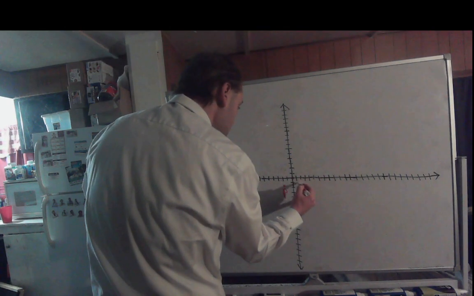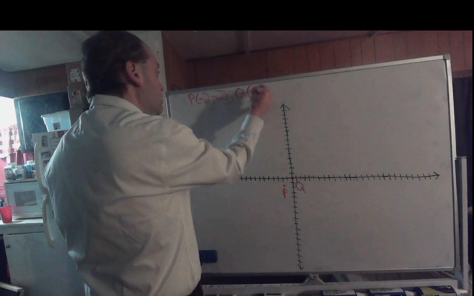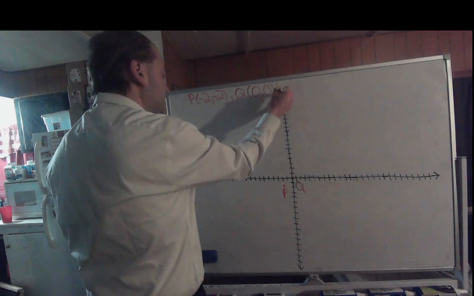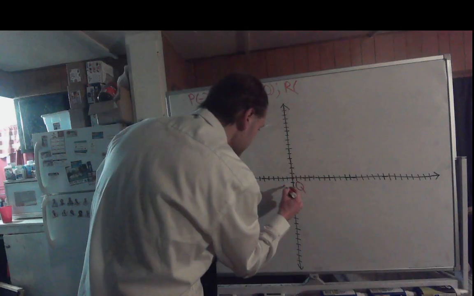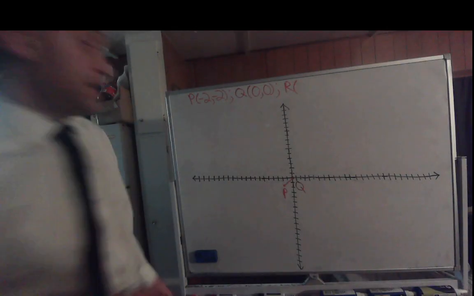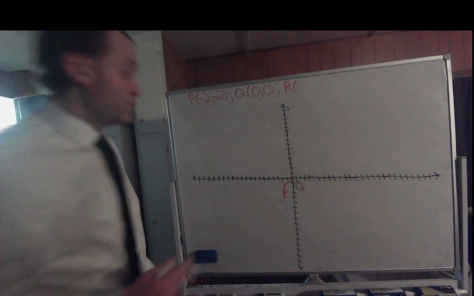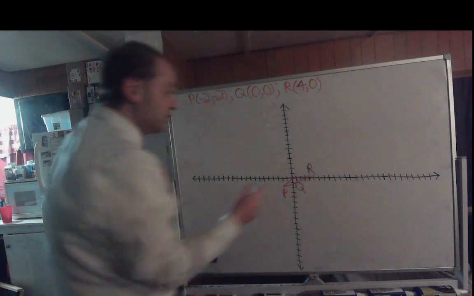So there's Q, which would be at the origin, and point R, well, let's go ahead and connect these dots. Point R would be located at 4, 0. Is that right? Yeah, point R is at 4, 0. So let's connect these dots, and you have a small little triangle.